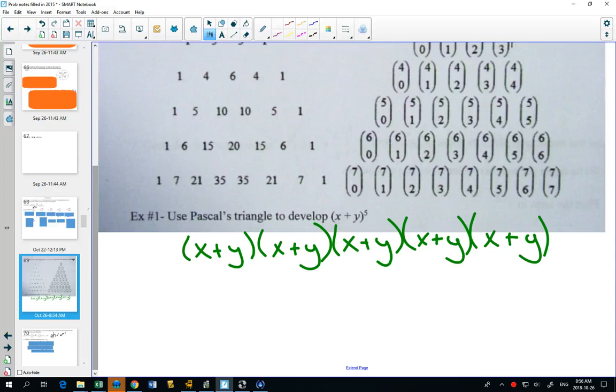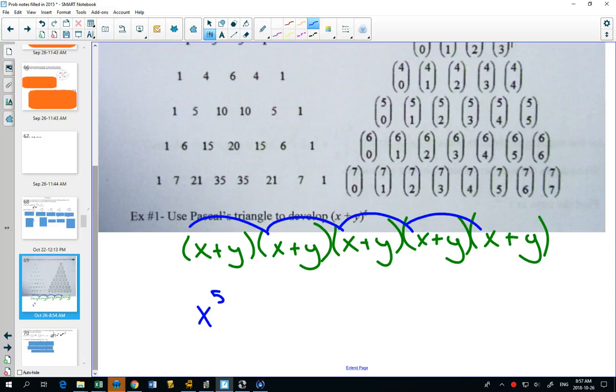In English we use FOIL when we just have two brackets, for the first, the outside, the inside, and the last. This is the same idea all the way through. One of the possibilities is that all of the first ones get multiplied together. If that happens, you're going to get an x to the 5.